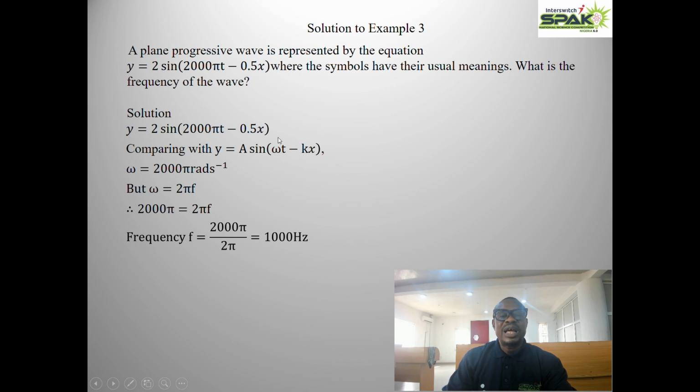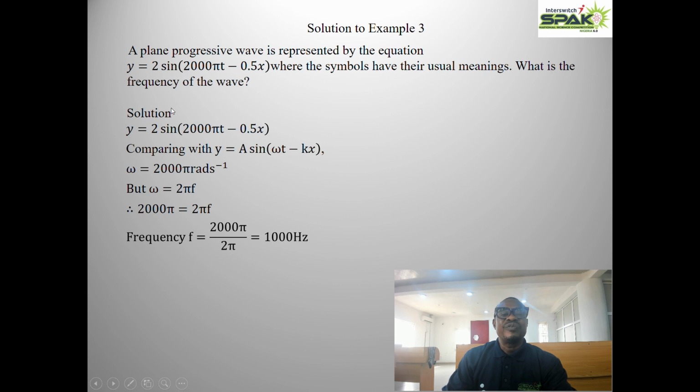So when I match the entire term here, this omega t, then equal to what? 2000 pi t. If I equate this and this, that means I need to cancel what? t. Then my omega, which is my angular velocity, will now be equal to 2000 pi radians per second.